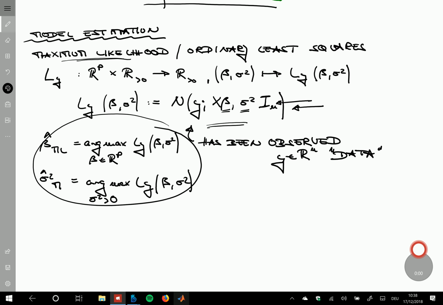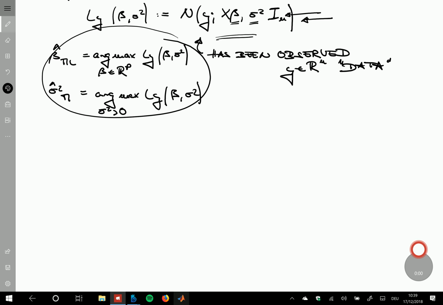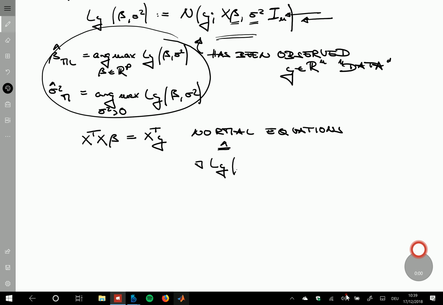And if you do that, you are led to a system of equations, namely the following, which are known as the normal equations. And the normal equations are equivalent to the idea that the gradient of the likelihood function with respect to beta vanishes.